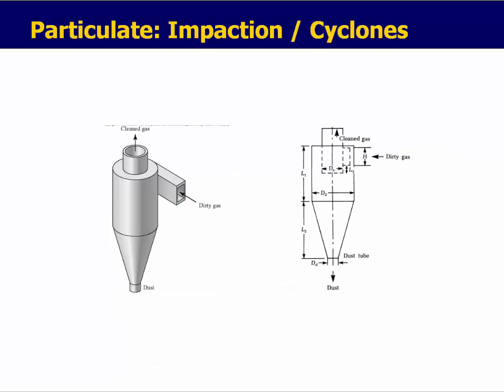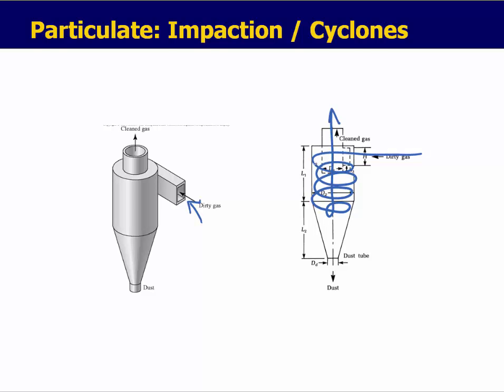Here I show you a picture of a cyclone. As you can see, the gas would enter in the inlet here, which is going to have a fairly small diameter. And so it's going to move at a high velocity through this chamber. As the gas enters, it's going to be forced around through a spiral motion, and then it's going to come out the top.